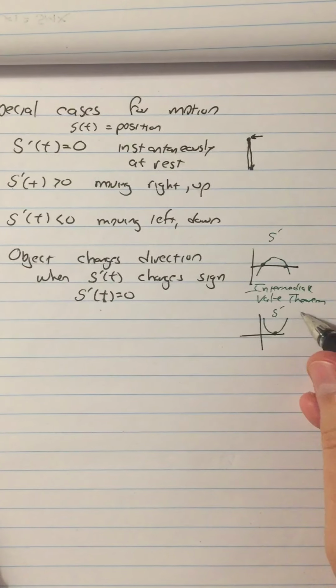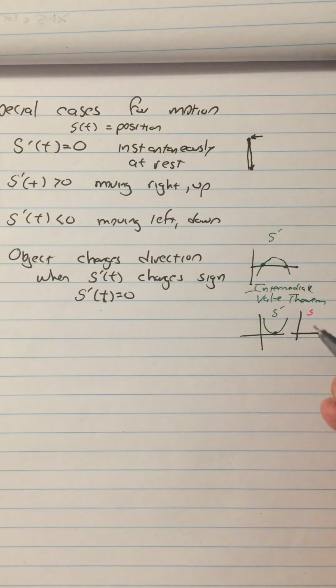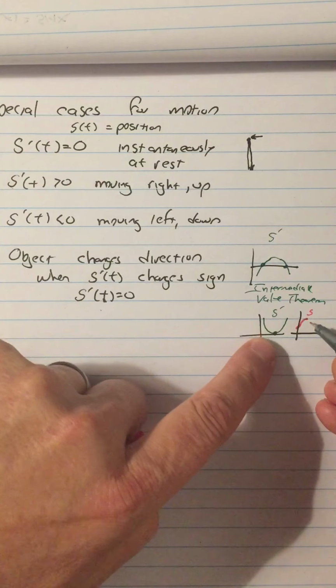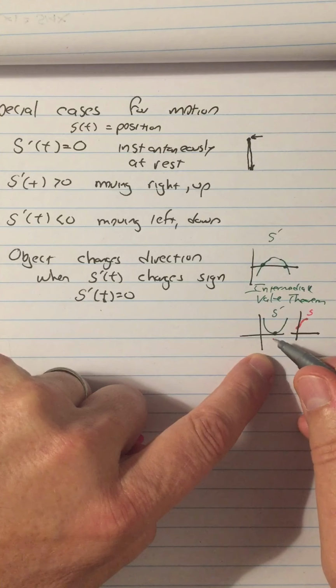So a graph of S, rather than S prime, a graph of the moving object: the object is moving up very fast. All right, so let's put an arbitrary starting point. The object is moving up very fast, but slowing down, until t equals whatever this is, right? Let's call it t1.